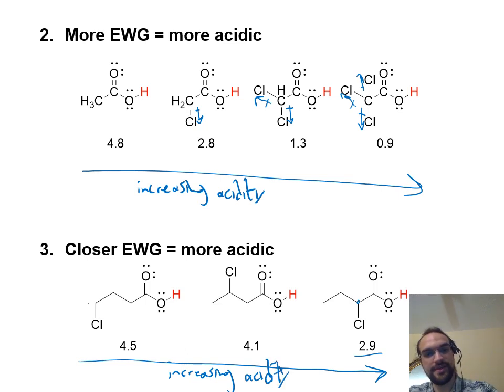For example, here, this chlorine is pulling electron density, but there are all these groups in between, and so they sort of insulate the carboxylic acid from the chloride.